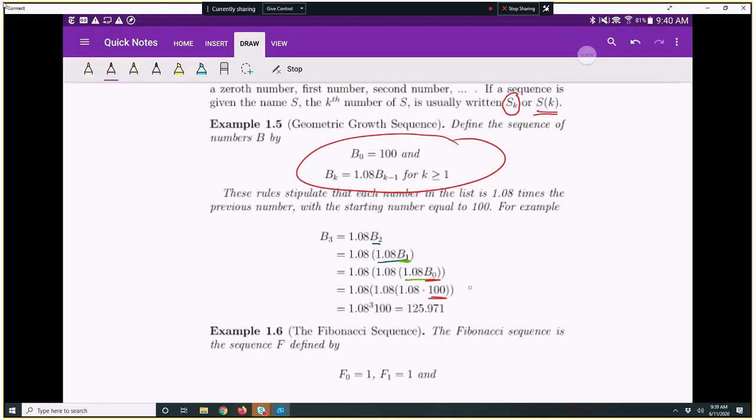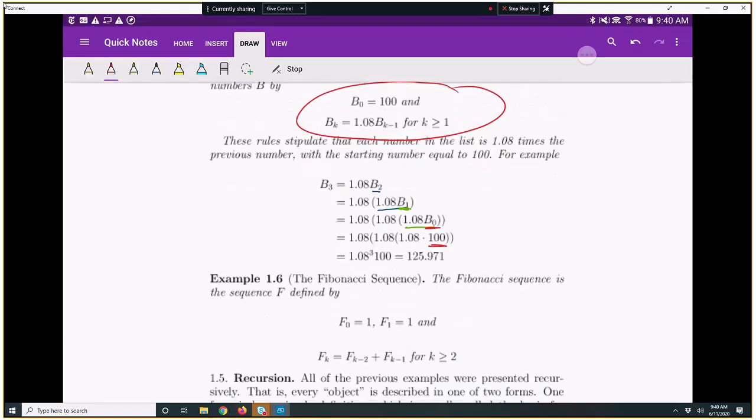So by proceeding through, I can eventually replace B0 by 100 and do the computation, and I find out that B3 should be 125.971.